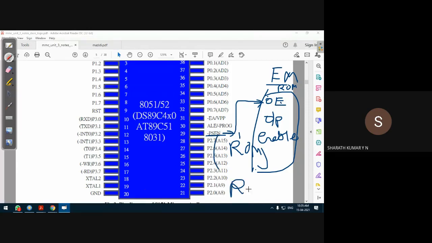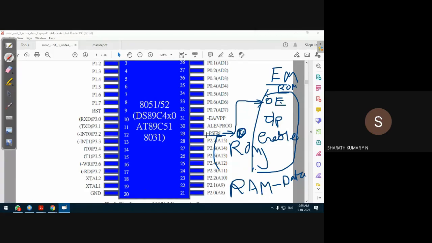RAM space is for data. ROM space is for instructions. So the program store, that is the ROM memory, will be enabled if this pin is set to 1, whereas if this pin is set to 0, the external ROM is disabled.